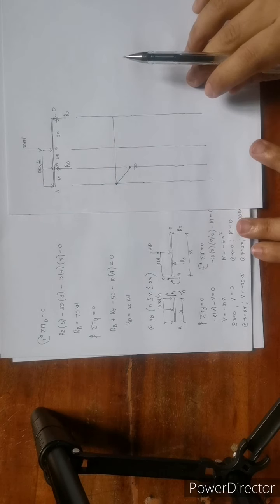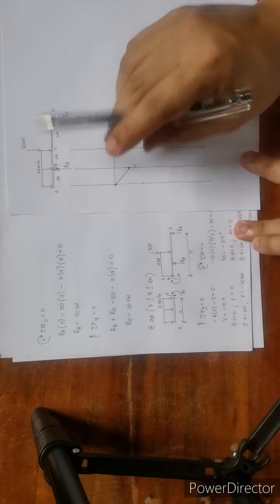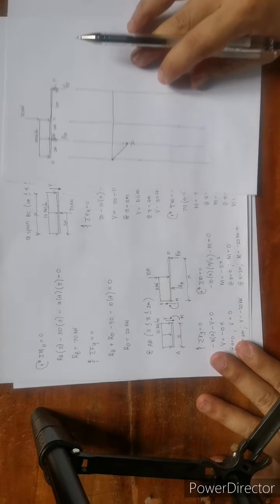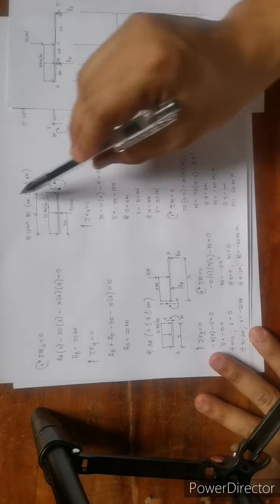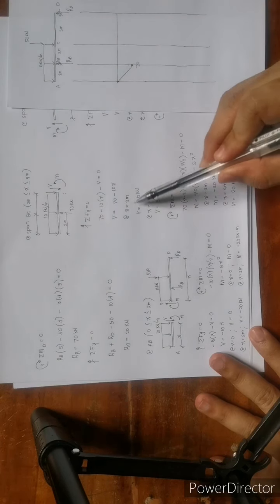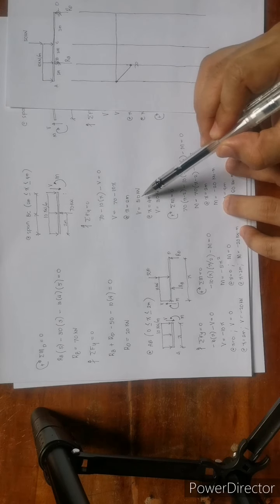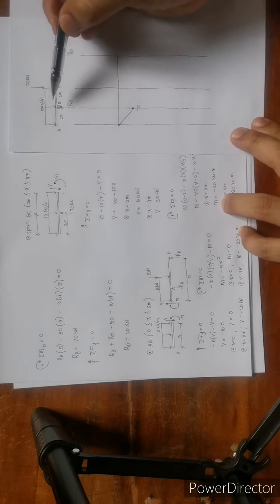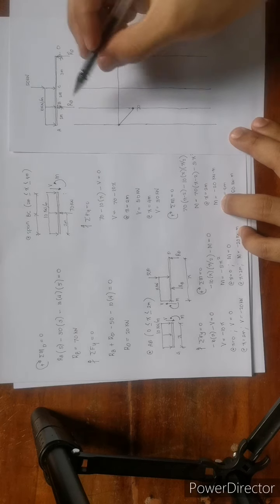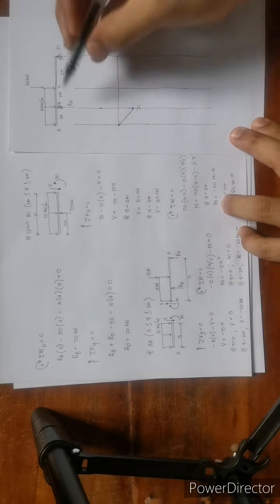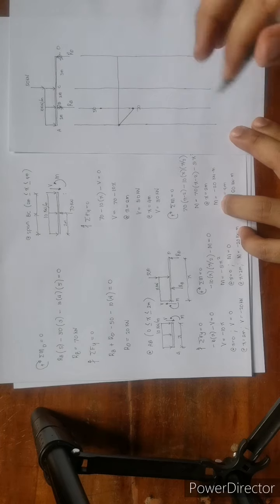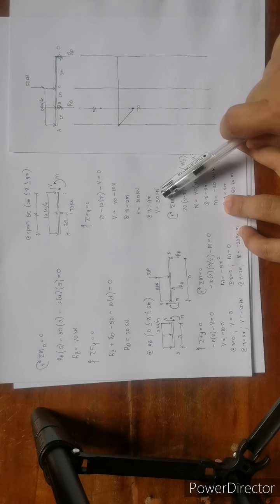Yung shear naman na nakuha natin kay span BC. So, titingnan natin mga values. Span BC, nandito, nasan yung shear? Yung mga V values. At x equals 2 meters, positive 50. At x equals 2 meters, nandito pa rin tayo, positive 50 daw. So, nasa taas. This is 50. At x equals 4, positive 30.